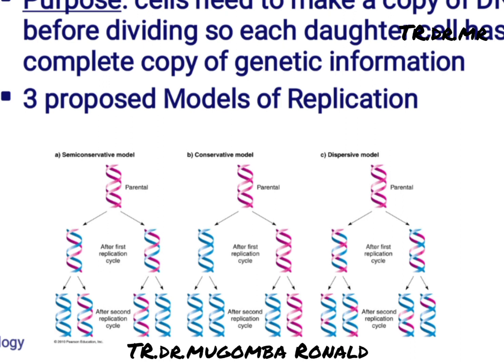In the conservative model, all the genetic material of the parent is maintained in one copy, and all new DNA is formed in another copy.